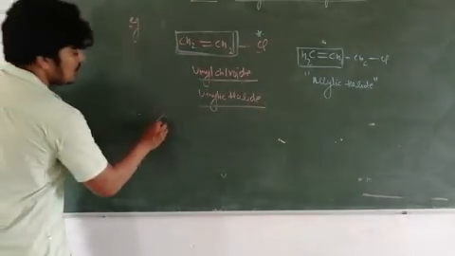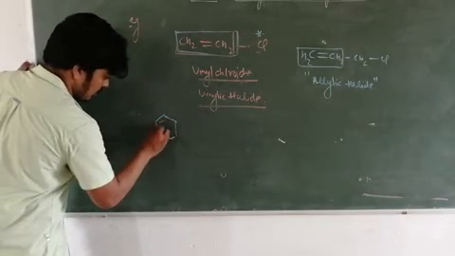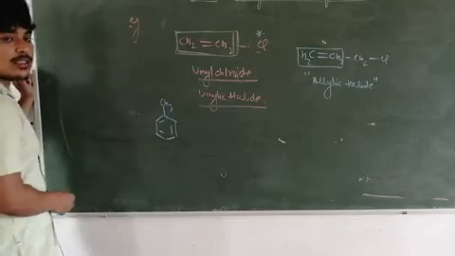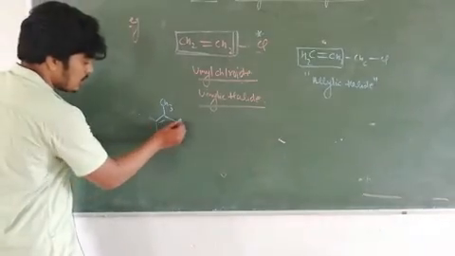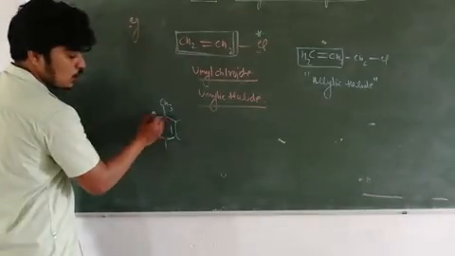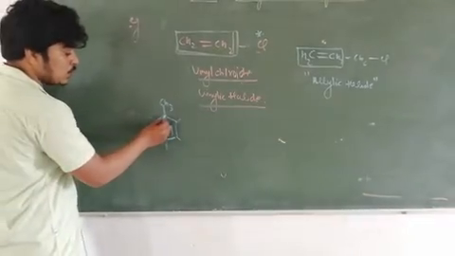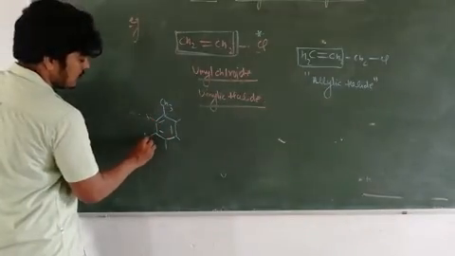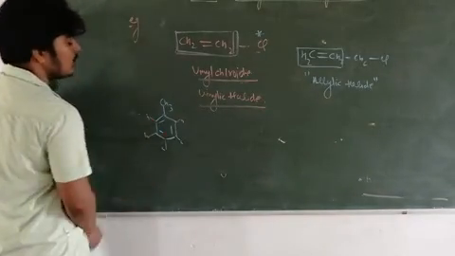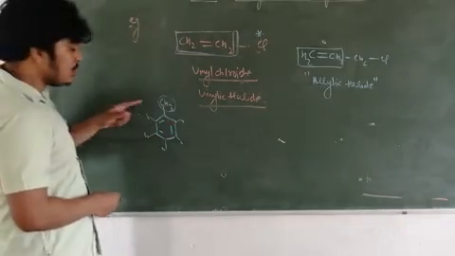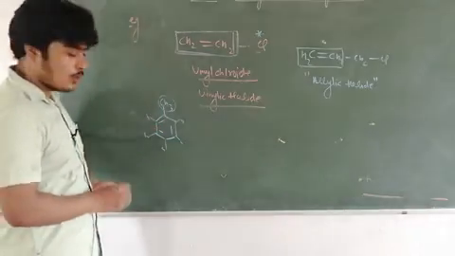Suppose there is a ring and this is toluene. On the ring CH3 is present, this is toluene. This position is called ortho, this is meta and this is para, this is ipso. Positions named ipso, ortho, meta, para. If there is a benzene, H, and one hydrogen is replaced with CH3, it is toluene.